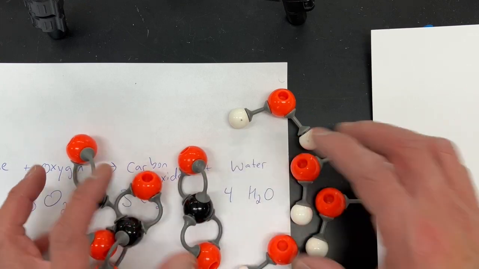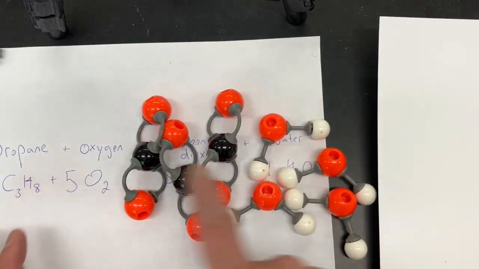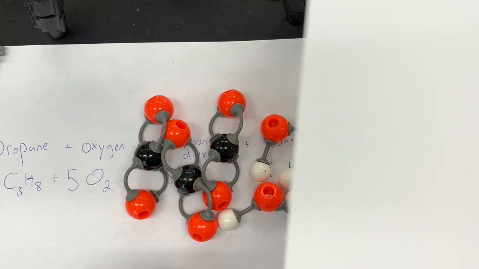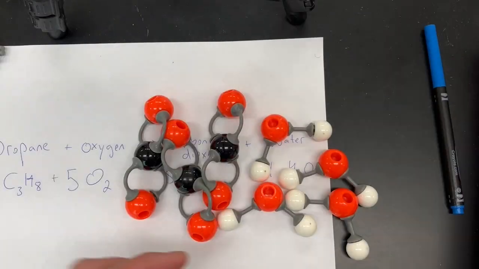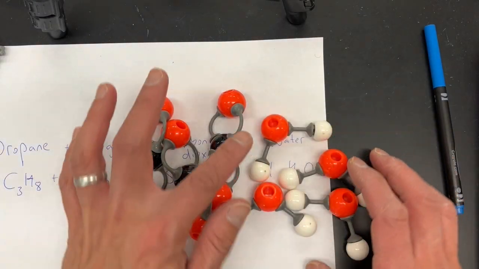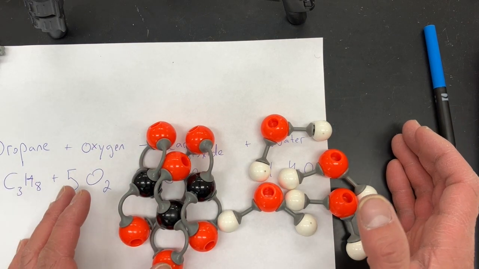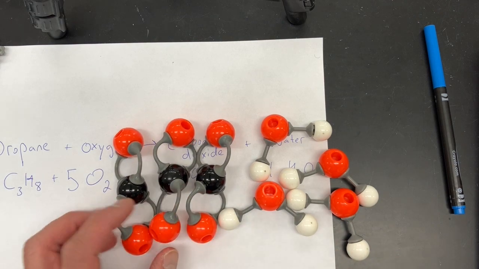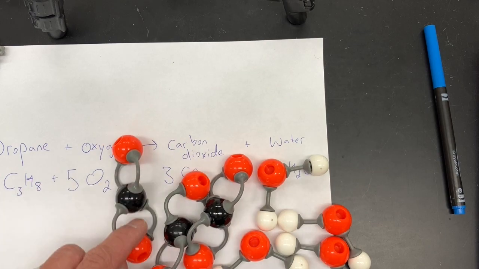So I make new things, and now the question is, why can't they go back to the original things? Well, remember, we do not want to be unstable and high energy. All these things here are much lower energy, and they are very, very stable. So this molecule here, this CO2, has what we call a double bond.